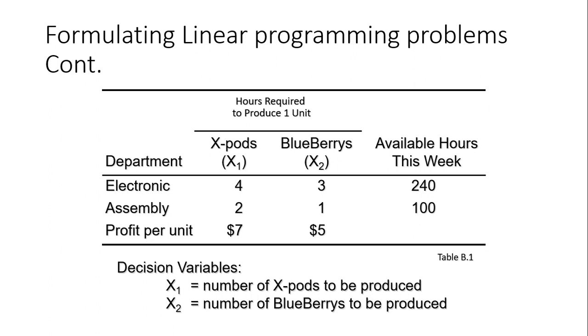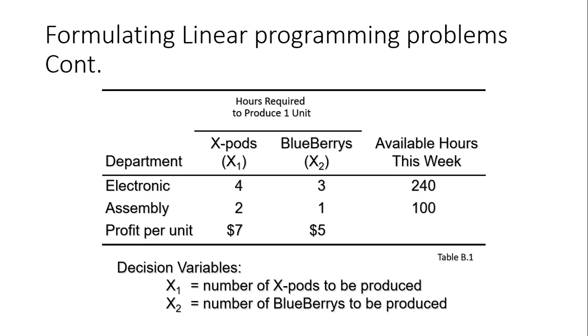For example, if producing X1 and X2 needed 241 hours, that would not be permitted at all. The same applies to assembly working hours: you need not more than 100 working hours for X1 and X2.